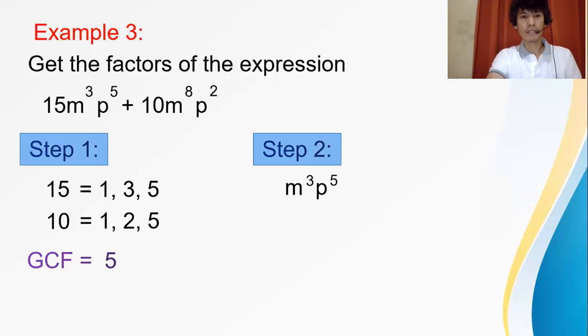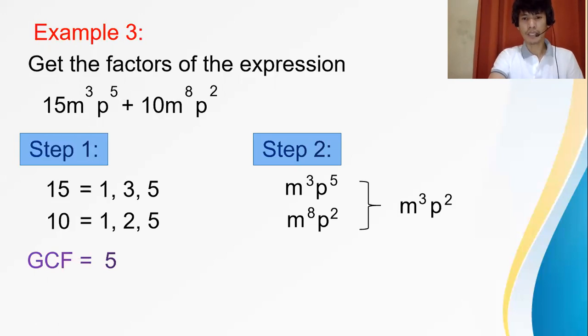The first term is m to the third power, p raised to 5, and the other is m raised to 8, p raised to 2. Their greatest common factor is m to the third power, p to the second power. Why to the third power? Because 3 is less than 8. Step 2 says find the variable with the least exponent. 3 is lower, then 5 and 2, so we use 2.